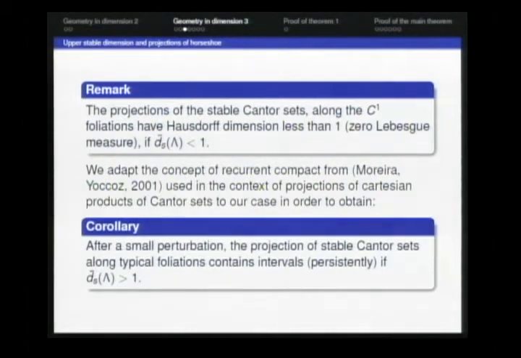And in order to introduce this concept, I would like to talk about a renormalization operator we need here.